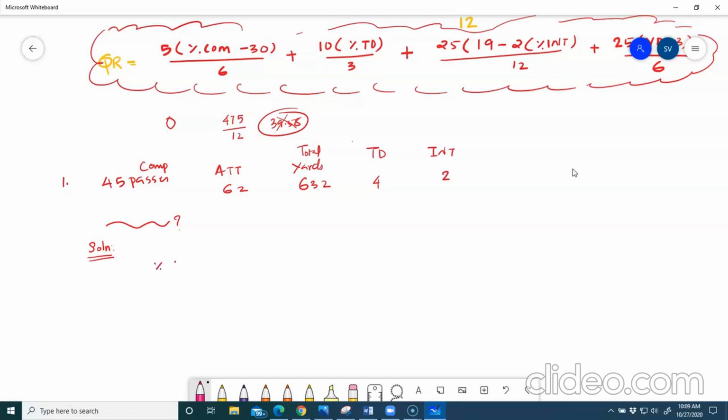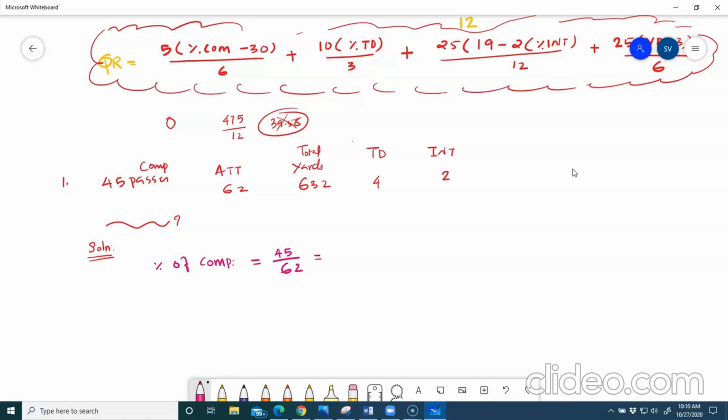We can calculate that by making a fraction: 45 completed passes with respect to the number of attempts. The number of attempts is 62. So 45 over 62.